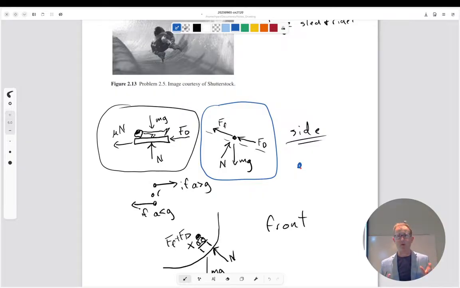Where are we accelerating? Which direction are we going? Is it moving? Is nothing moving?